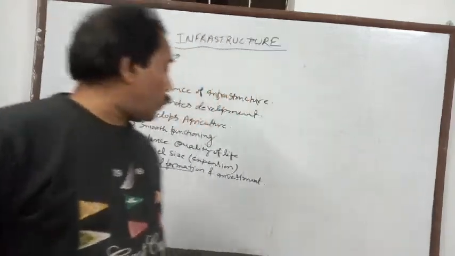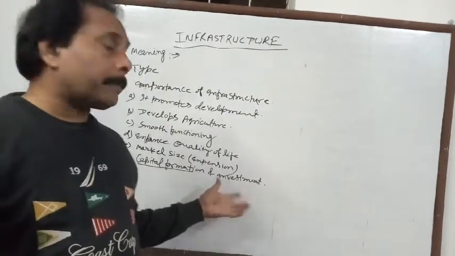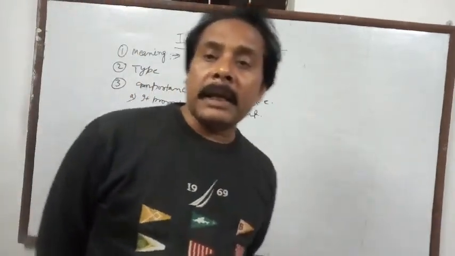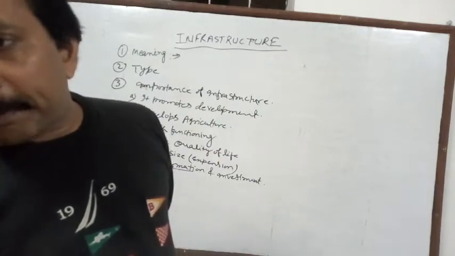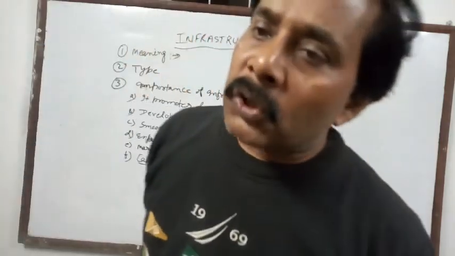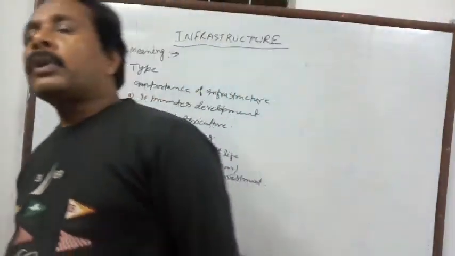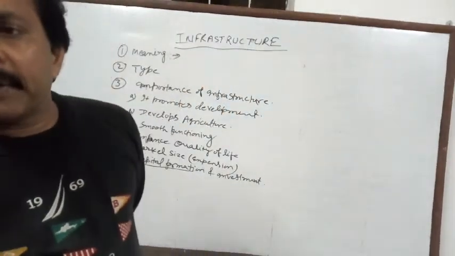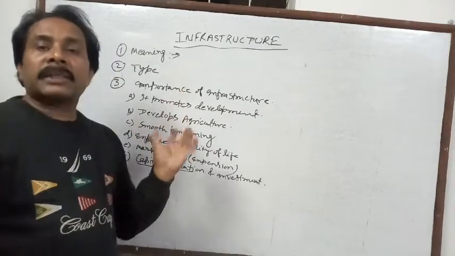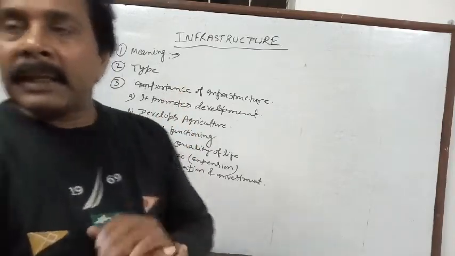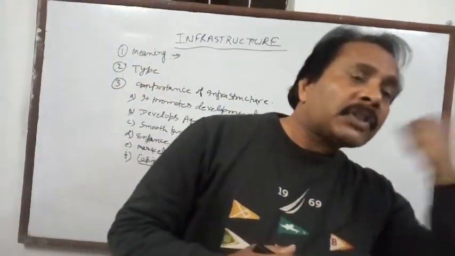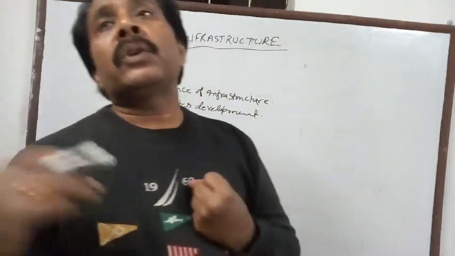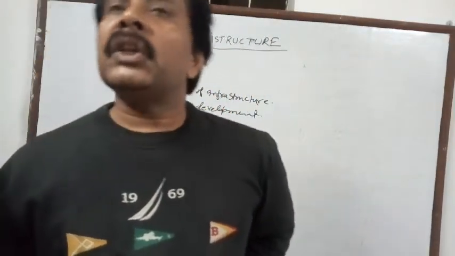So if more capital formation takes place, automatically the investment will also take place, and an increase in domestic investment would promote large scale production, and due to that the market size will also increase. The foreign investors will be attracted towards the Indian economy.